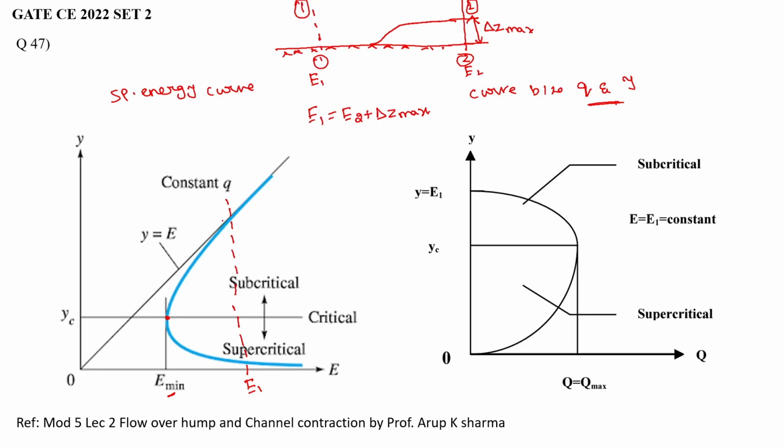If we draw a line corresponding to the value of E1, this is E1 and this is E2, and correspondingly we will have depths: y1 and y1 dash, and y2 and y2 dash.